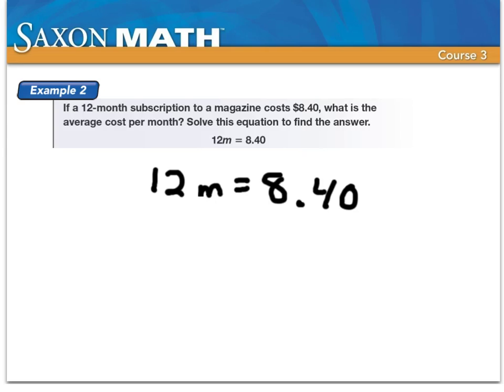And we talked about we get rid of times. The opposite of times is divide. So we're going to divide by 12 on both sides. And the 12 divided by 12 gives me 1m equals, and then I need to take $8.40 divided by 12.